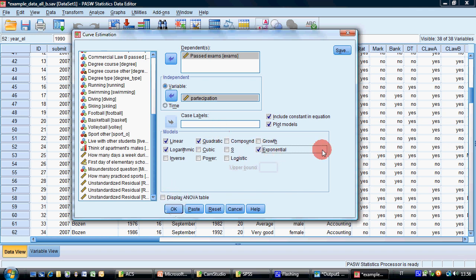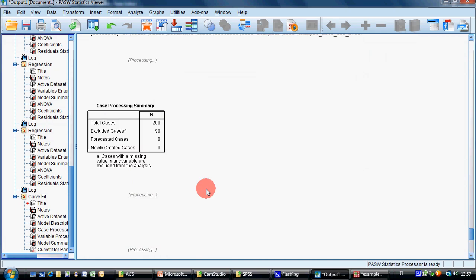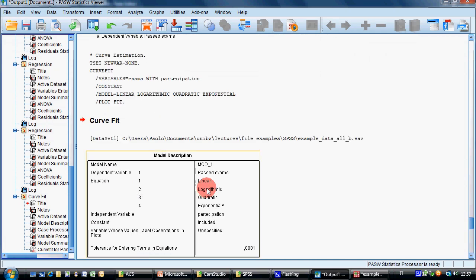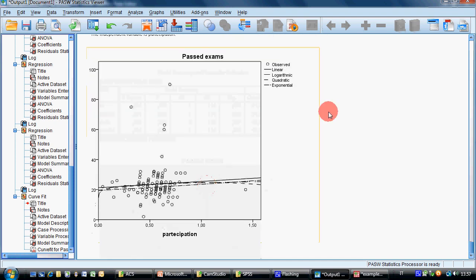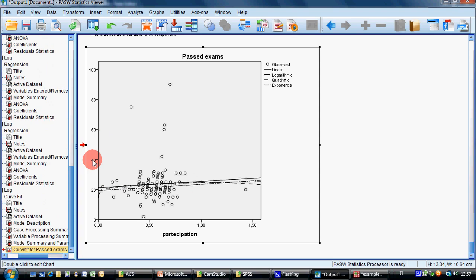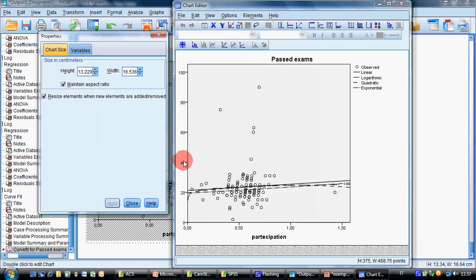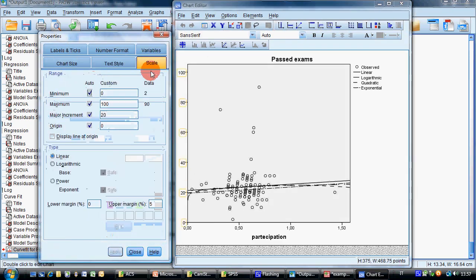Okay. Obviously at exam, please do only the ones I ask, don't do the other ones. Okay. In this case, SPSS will display also the graph automatically. So this is the graph. These are the lines. Let's restrict the number of passed exams to 40 so we can see something.